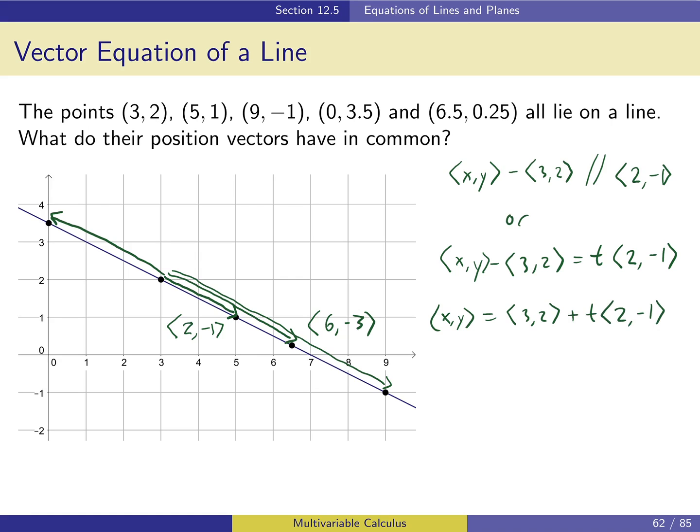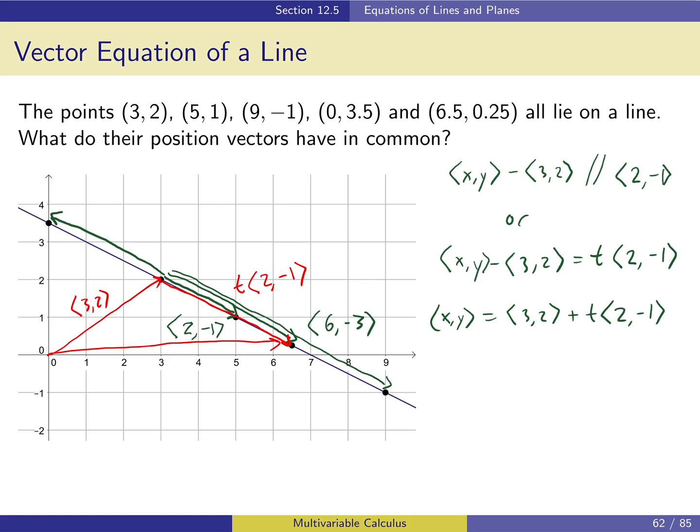Using this equation, we're able to describe all the possible position vectors that live on this line. Where are these position vectors? Well, for instance, the position vector to this point right here can be thought of as the vector <3, 2>, which is here, plus the vector t times <2, -1>.